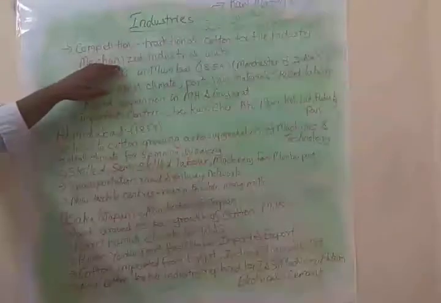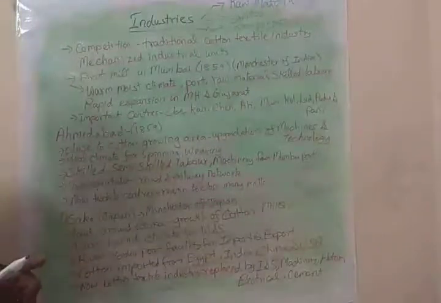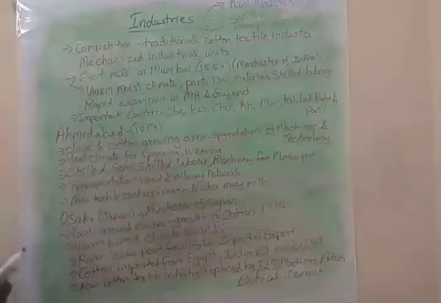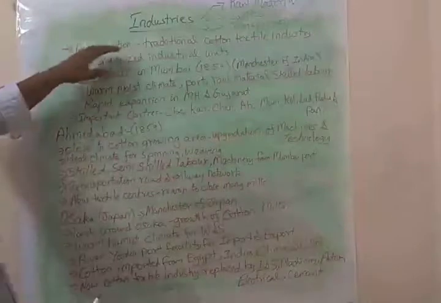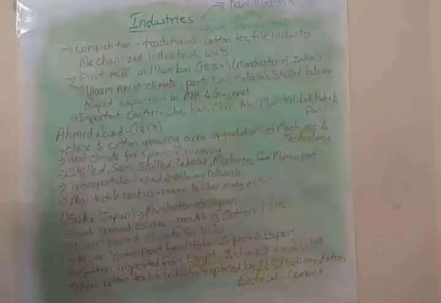So they do the work very easily, and a large amount of products is prepared in a very short span of time. That is the main reason for the competition between the traditional cotton textile industry and the mechanized industrial units. And nowadays the traditional cotton textile industry is slowly vanishing in many areas.